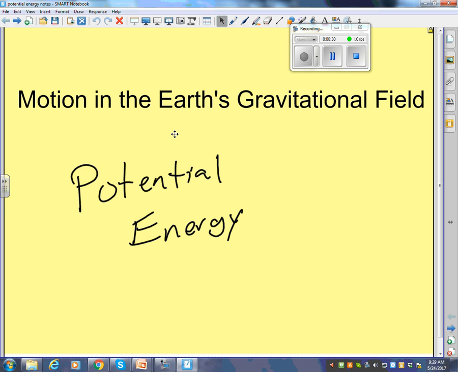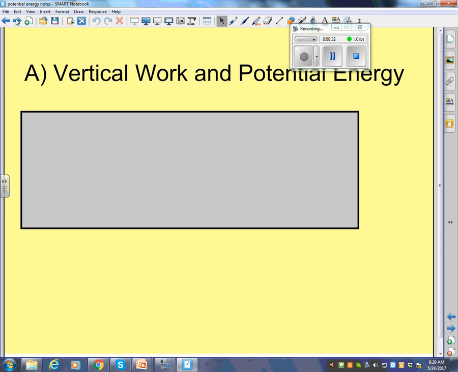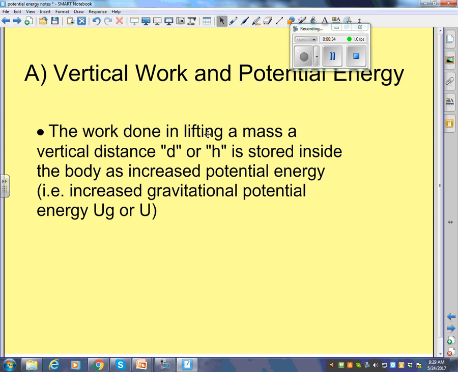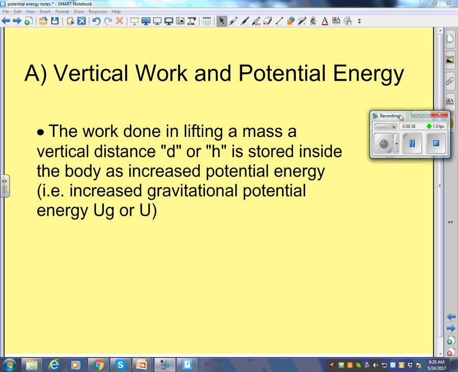But anyways, potential energy in the Earth's gravitational field. So we're talking vertical work. Again, I wouldn't write all this down. The work done in lifting a mass a vertical distance d, or h if you prefer, is stored inside the body as an increase in potential energy, or increased gravitational potential energy. For some odd reason, they use the letter U for potential energy.